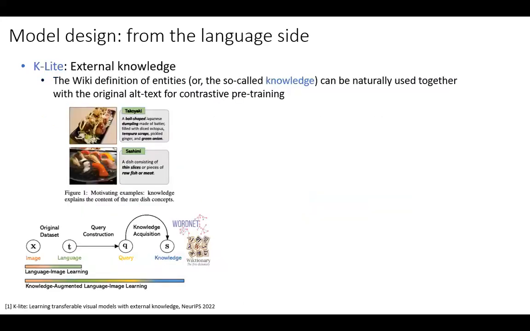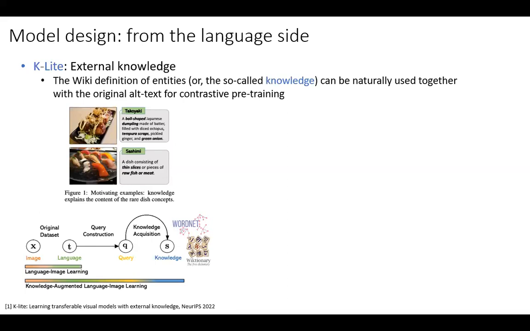From the language side, one paper that I think is interesting is about how we can enrich the language you have been using with external knowledge. When we say external knowledge, it basically means the Wikipedia definition of entities. For example, in this figure, there's a motivating example.